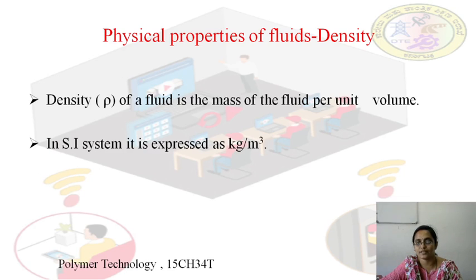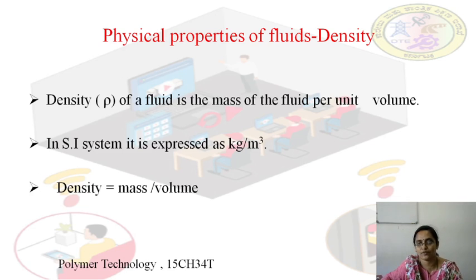In the SI system, it is expressed as kilogram per meter cube. For mass, the unit is kilogram, and for volume, the unit is meter cube. So, the SI unit of density is kilogram per meter cube.